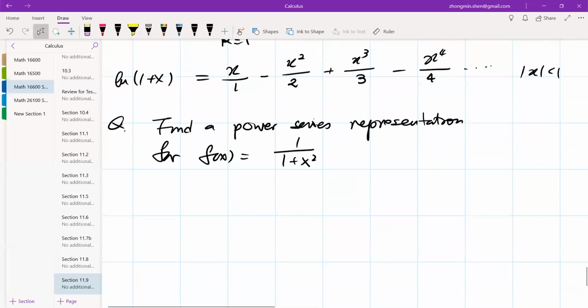Yeah, think about this. When I say power series, it's not specified at which point, so you have much freedom, but it usually means the power series at the origin, okay? Because the function is defined at the origin. I think in the book that says this is what it means.